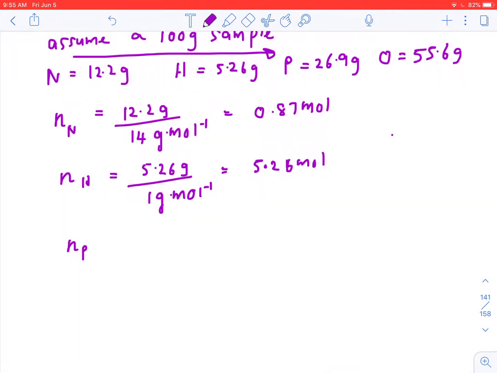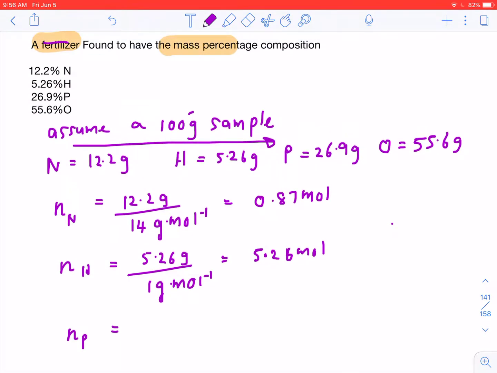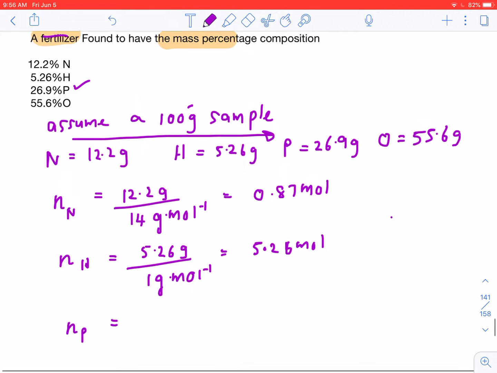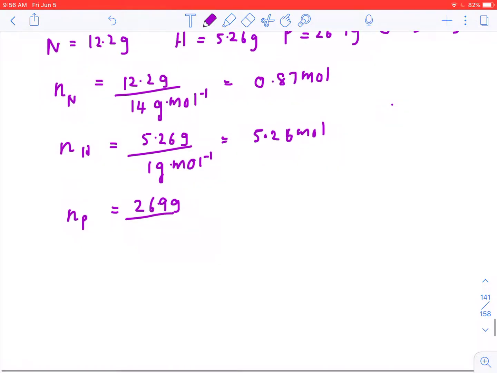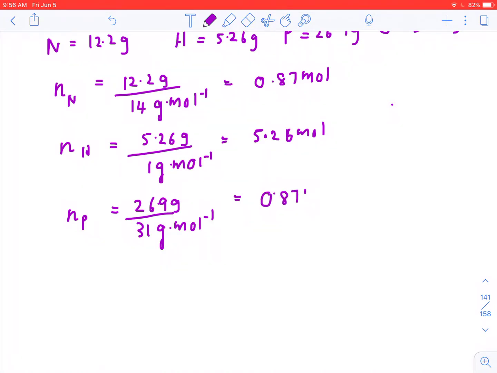N of P is equal to 26.9 grams, all upon phosphorus, 31 grams per mole, and that gives us 0.87 moles.